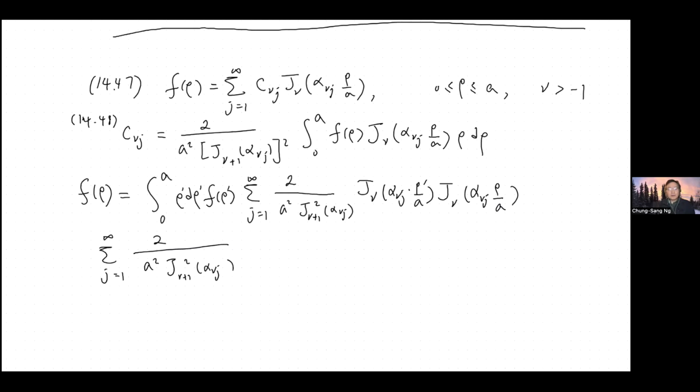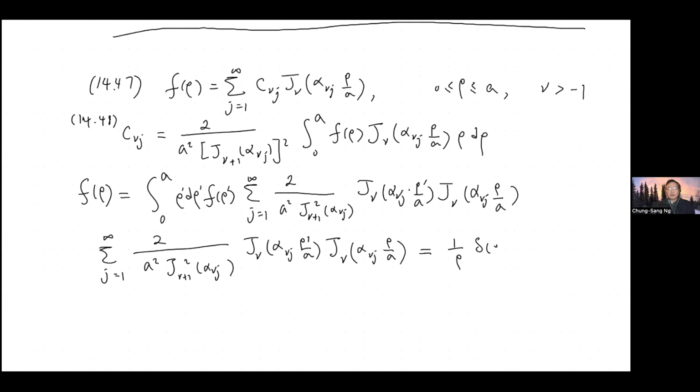And you have J sub nu over sub nu j rho prime over a, J sub nu over sub nu j rho over a. And that must equal, because of this, there's a rho in here, so that's 1 over rho delta rho minus rho prime, right?